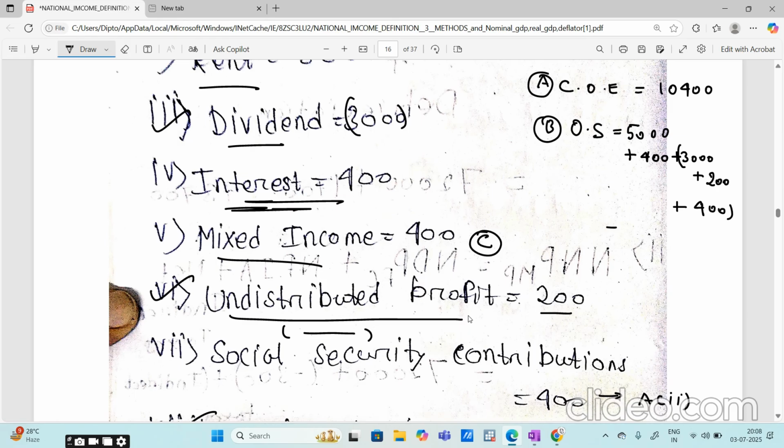So what will be the total operating surplus? That is totally 9,000. And mixed income, that is part C, directly given here as 4,400.